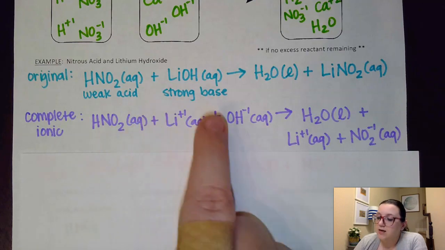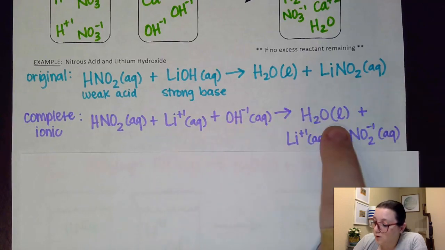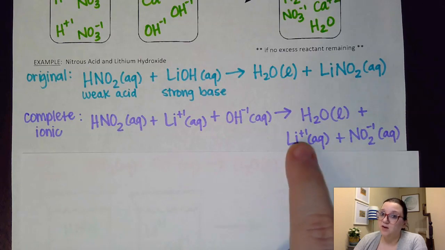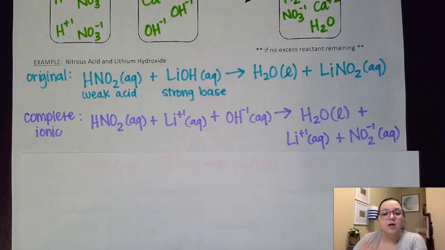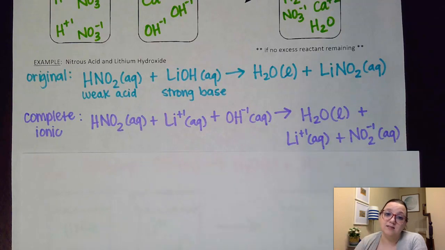I did go ahead and break up the lithium hydroxide. So then I had my water and my lithium nitrite that got split up. Again, that had that group 1 in it, which meant it was soluble. So then I looked to see what stayed the same from side to side. I can see that lithium was the only thing here that remained exactly the same from side to side. So therefore, that lithium ion was my spectator ion.